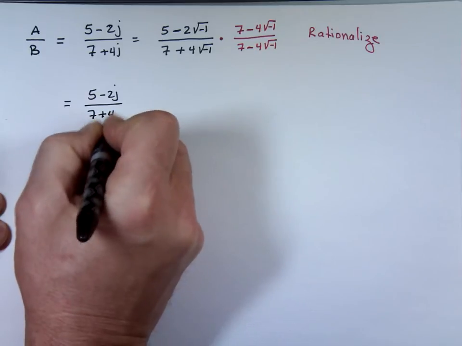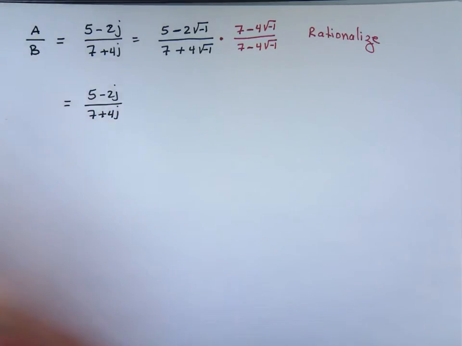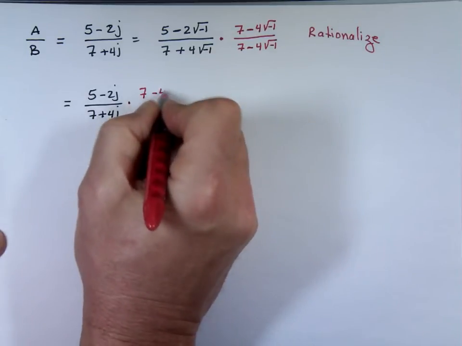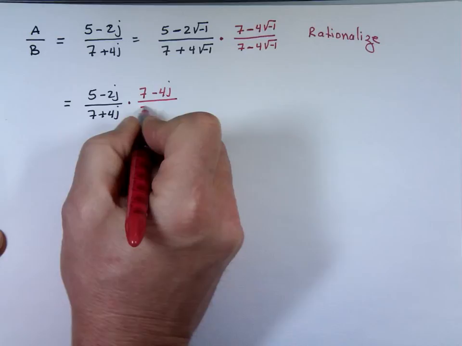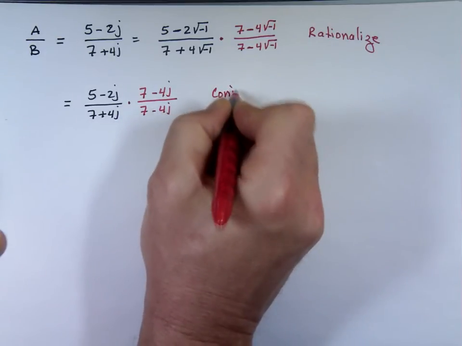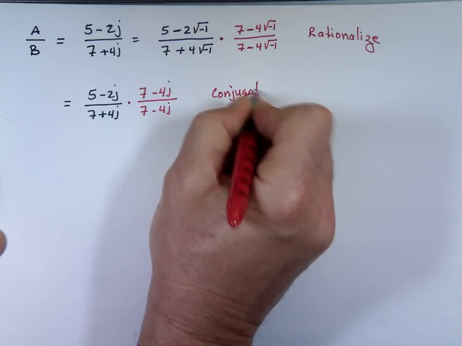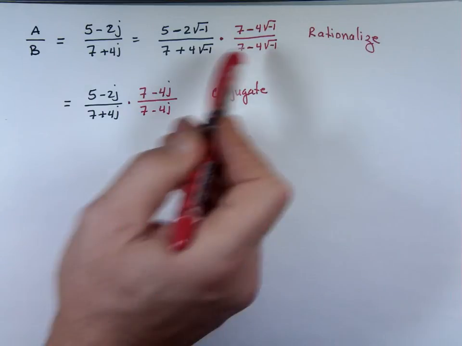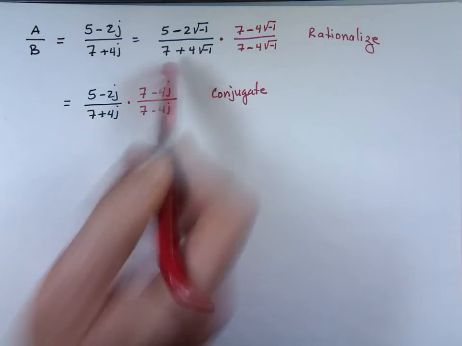My conjugate here will be 7 minus 4j. It's called the complex conjugate because these are complex numbers. You switch only the sign between the real and imaginary parts.